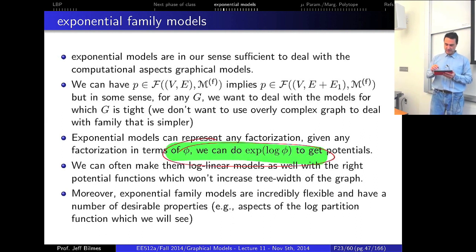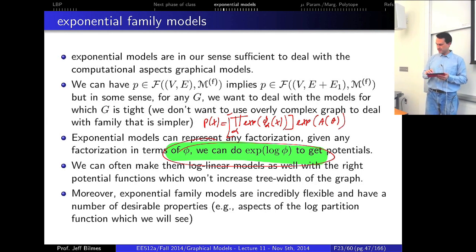But what I really want to say here is that if I write p of x, which is equal to the product over alpha of exp of phi of alpha x, and that whole thing times exp of minus A of theta, which is the log partition function, then this expression essentially gives us the same factorization properties as what we talked about, except that the factors correspond to the exp of the phis. Okay.